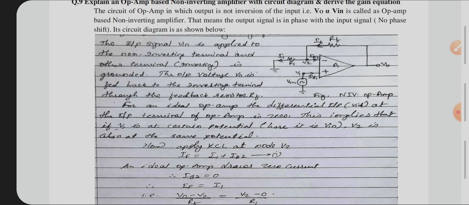RF is the feedback resistor through which IF is the current flowing. Now you can see the direction of current is reversed, towards the ground, as compared to the inverting amplifier. You can see the directions because here we have applied the input signal to the non-inverting terminal and in the previous case it was applied to the inverting terminal. That is the only change.